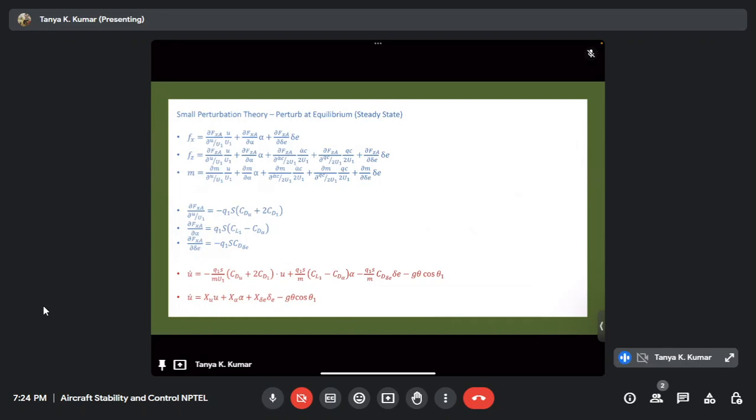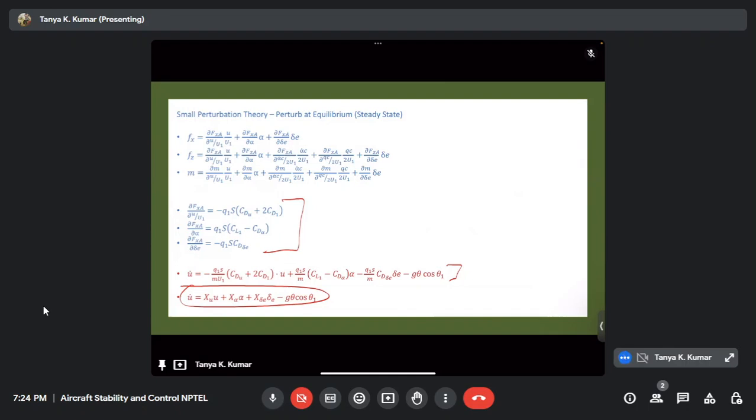Now these three derivatives are given by these three equations, and upon substituting these terms you get the final equation of motion in this form, and we write it in a compact form. Where capital xu, x alpha, x delta e are given by those derivatives.